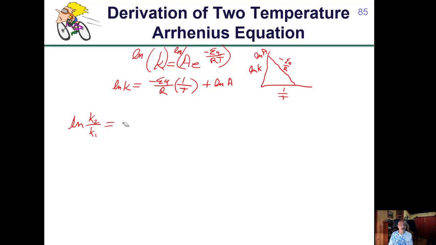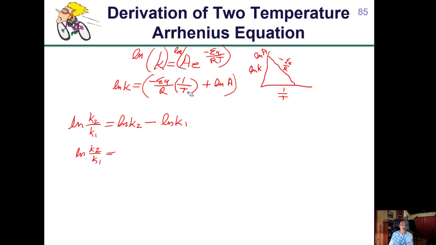Now, using my log rules, I can express that as the log of K2 minus the log of K1. And since the log of K is equal to this part of the equation, I can express the log of K2 minus the log of K1, which is, using log rules, the log of K2 over K1. I'm simply going to substitute.